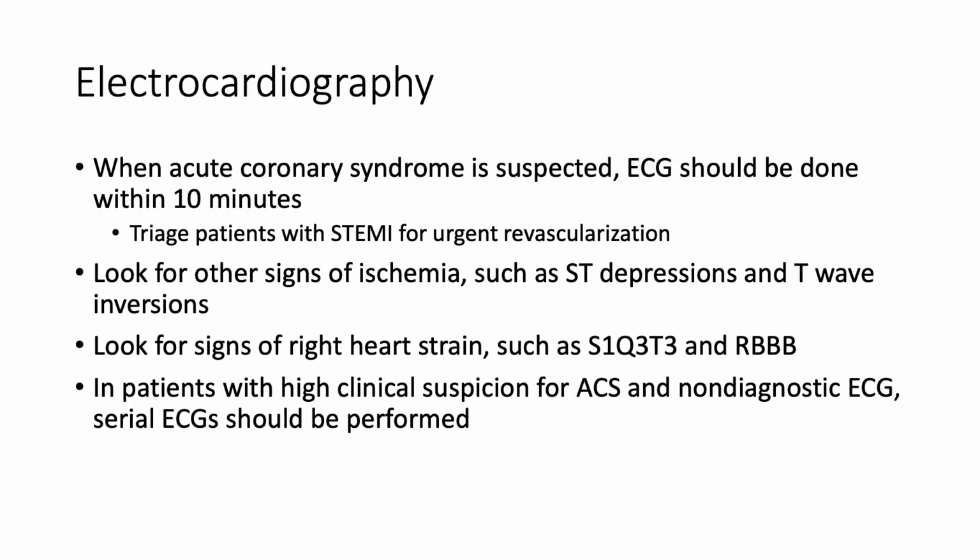You're also going to look for other signs of ischemia, though, like ST depressions and T-wave inversions, and you may look for signs of right heart strain, like S1Q3T3 or a new right bundle branch block that could be suggestive of other causes of chest pain, like a pulmonary embolism. And in patients who have a high clinical suspicion for acute coronary syndrome, but their EKG doesn't show anything, you should do serial EKGs.